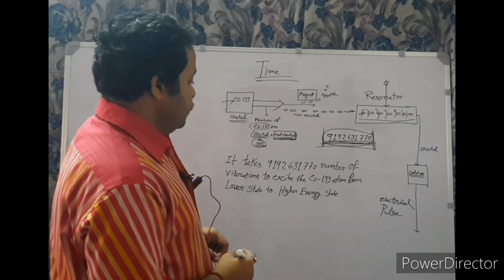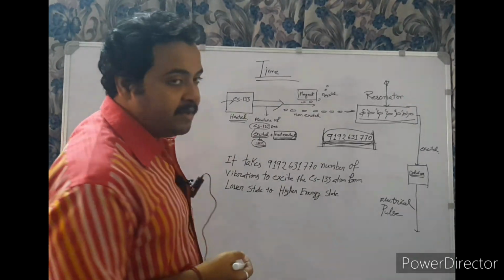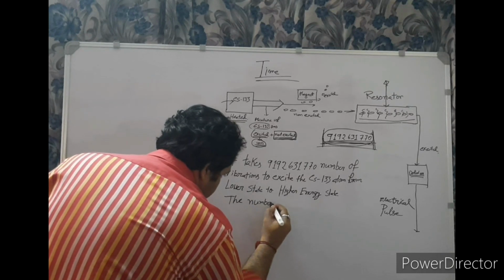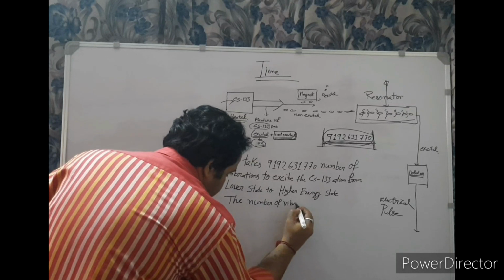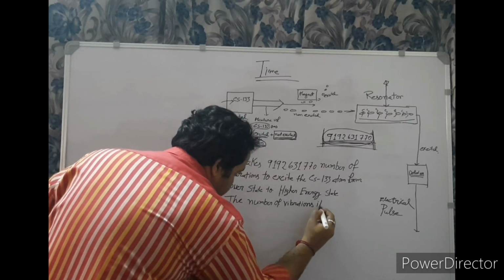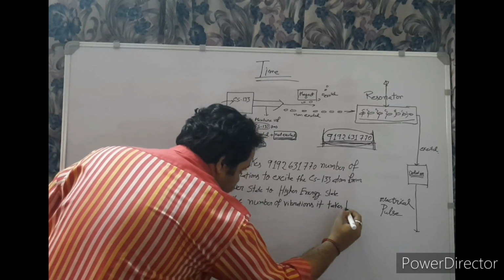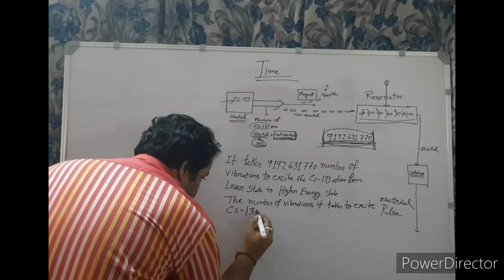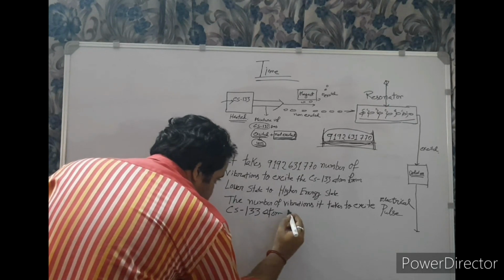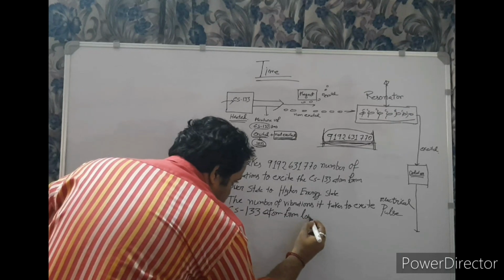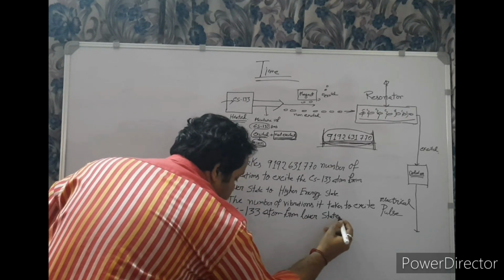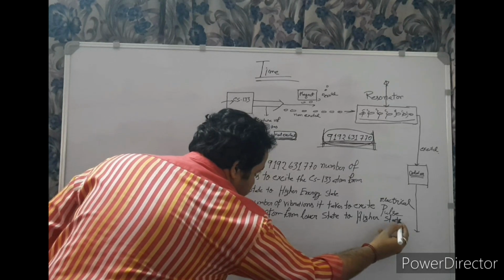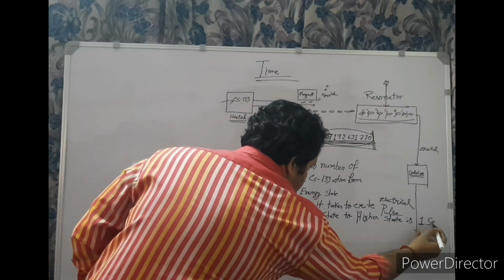Right? So the definition would be the number of vibrations it takes to excite cesium-133 atom from lower state to higher state is 1 second.